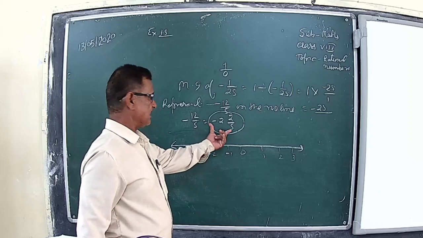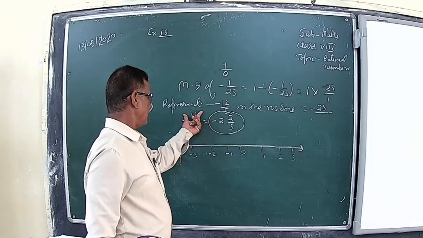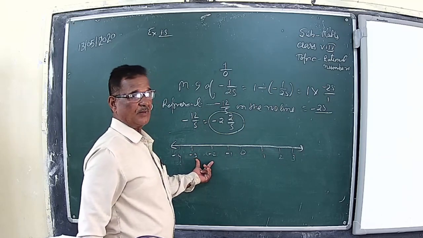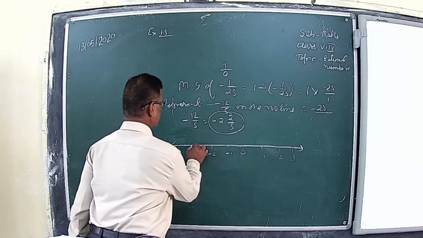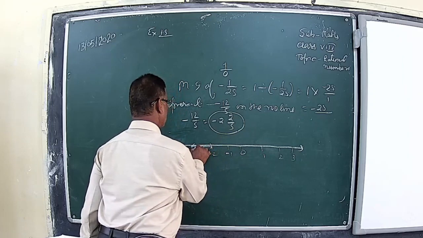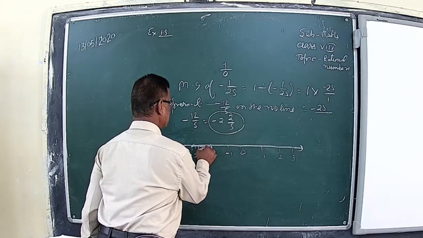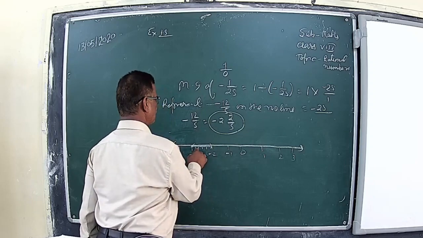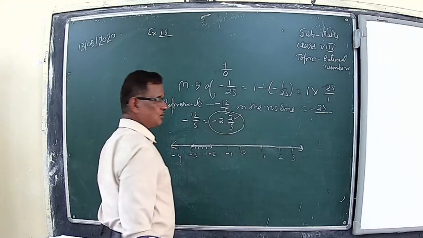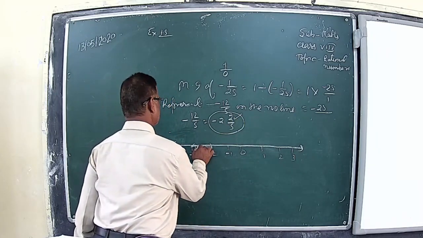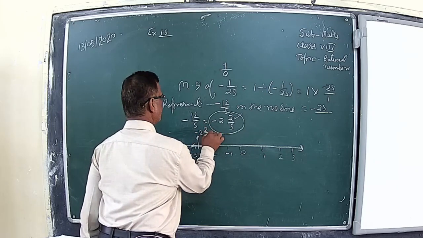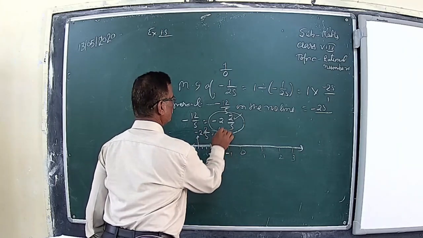It means this negative rational number, minus 12 by 5, lies between minus 3 and minus 2. Divide this division into 5 parts, 1, 2, 3, 4, 5, and take 2 parts as equal to the numerator. Hence, this point represents minus 2 whole 2 upon 5, that is minus 12 by 5.